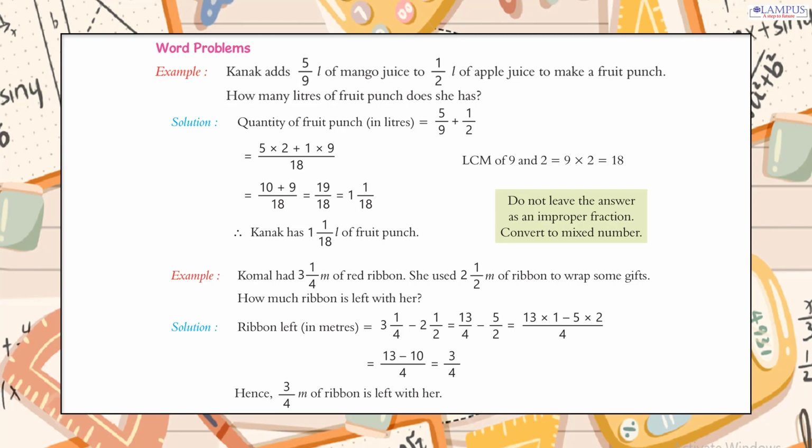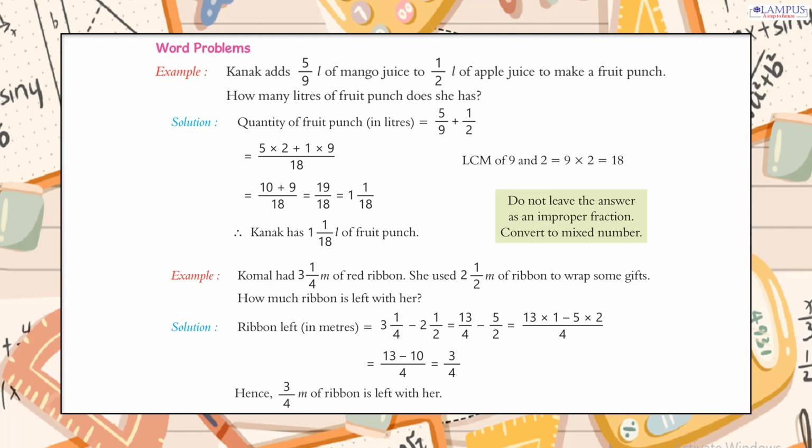LCM of 9 and 2 equals 9 times 2 equals 18. Equals 5 multiplied by 2 plus 1 multiplied by 9, whole divided by 18, equals 10 plus 9, whole divided by 18, equals 19/18 equals 1 and 1/18. Therefore, Kanak has 1 and 1/18 liters of fruit punch.